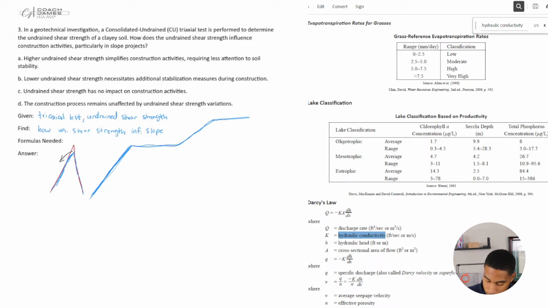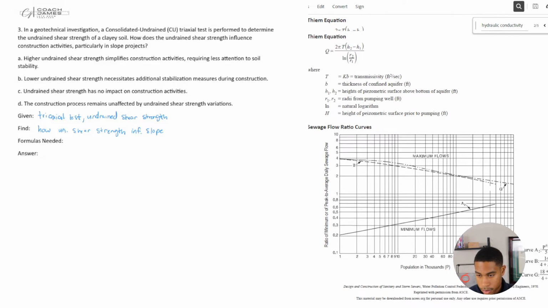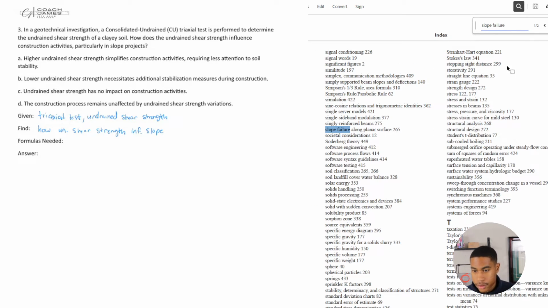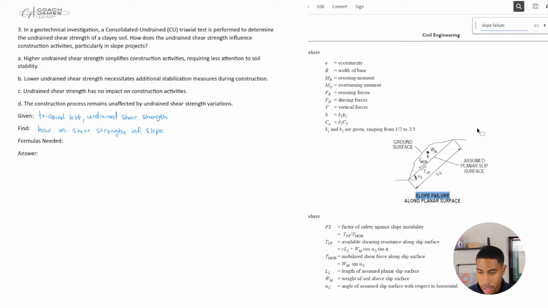Okay, so enough with these pictures. Now, if you don't have prior knowledge on this, it's a good thing to note something called slope failure. Slope failure.